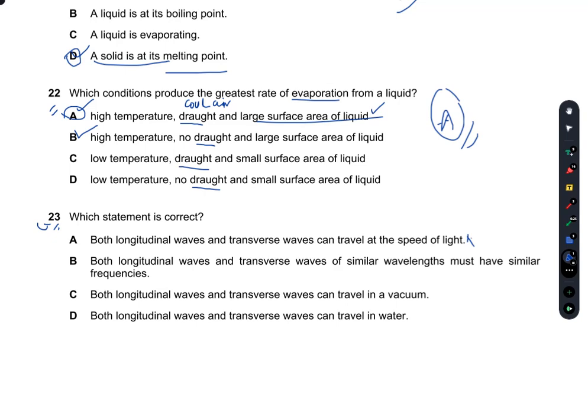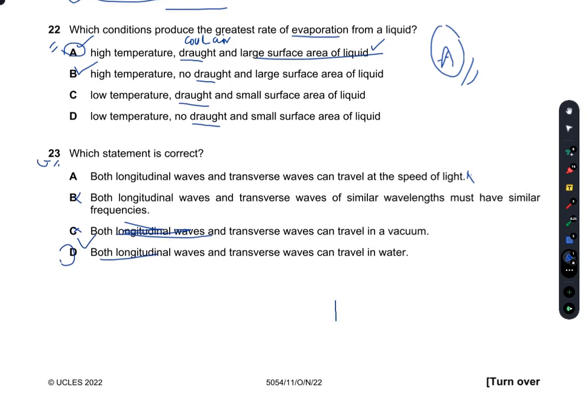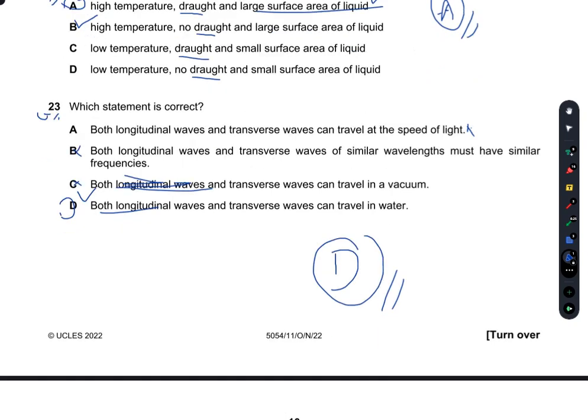No, this is again incorrect. Both longitudinal waves and transverse waves can travel in vacuum. Longitudinal waves cannot travel in vacuum. So D is right because both longitudinal and transverse waves can travel in water. This makes most sense. So D is the right option.